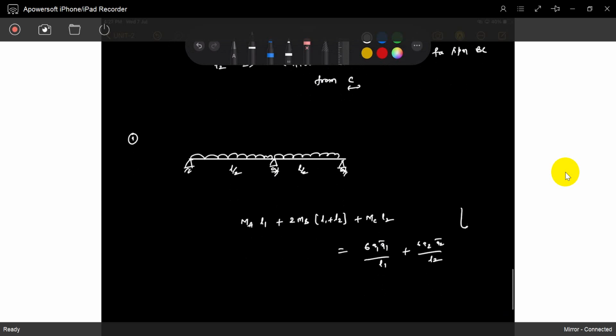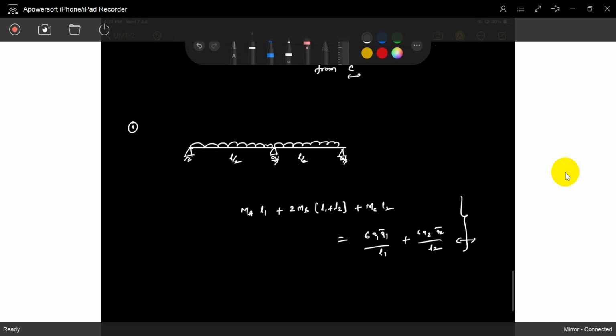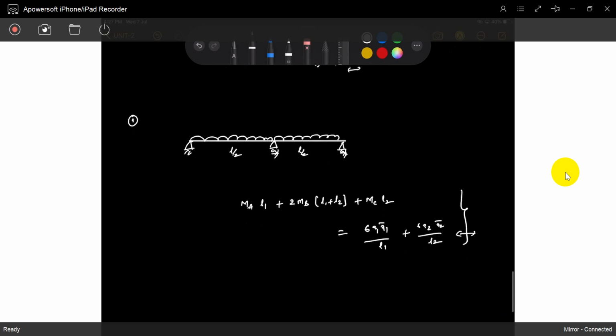Very easy formula. It is required. Take the ends as free, taken as simply supported beams.